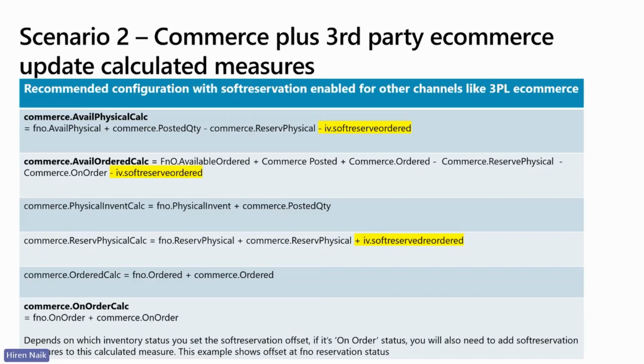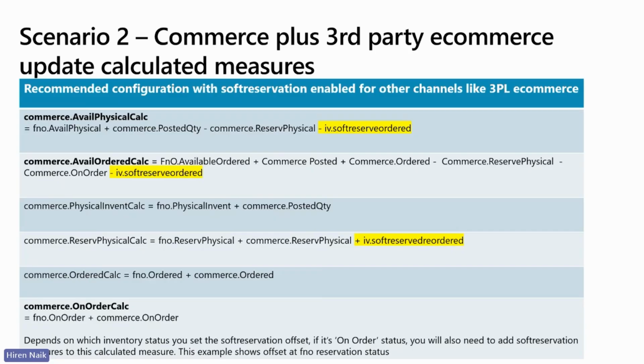Similarly for the available ordered calculation, which is the available physical plus your ordered quantities, you also need to deduct your third-party e-commerce soft reserved quantities.